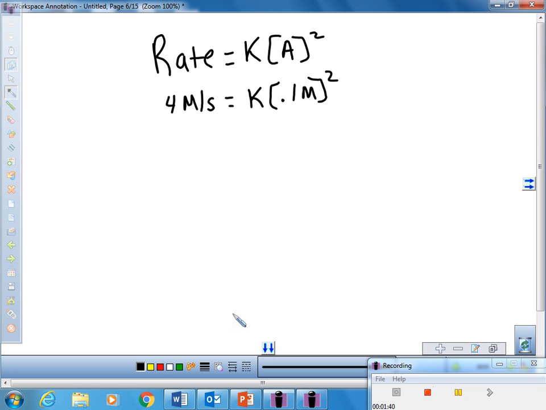All right, so now all we've got to do is mathematically solve for K. So basically we're going to divide both sides by 0.1 molarity squared. You've got to make sure you square that 0.1. So 0.1 squared molarity squared, because that's what's happening.